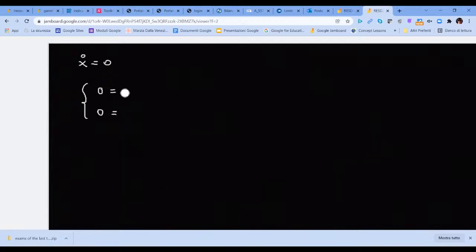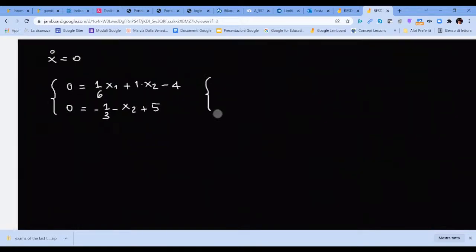And you have the same equations as before, 1/6 x1 plus 1 times x2 -4. And then you had minus 1/3 x1 minus x2 plus 5. Okay, then we have a system with two variables.